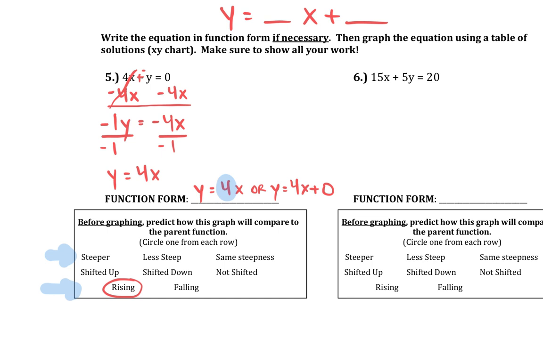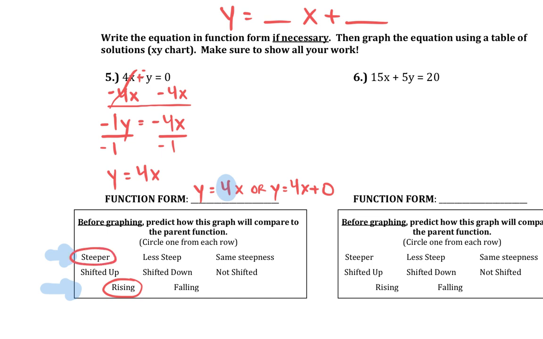Then the steepness is based on what that number is. If the absolute value of the number is greater than 1, it's steeper. If it is less than 1, like 1/2, 1/4, 1/3, 2/3, then it is less steep. And if it were equal to 1, then it would have the same steepness. So 4 is obviously bigger than 1, so I'm going to guess that this is going to be steeper.